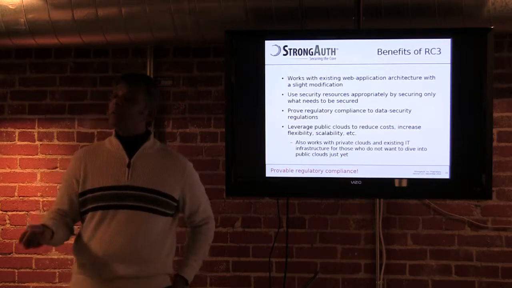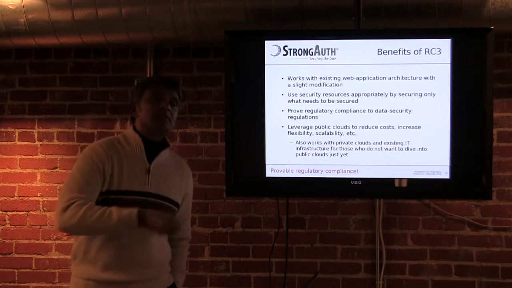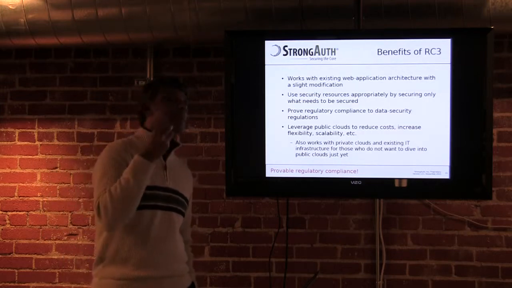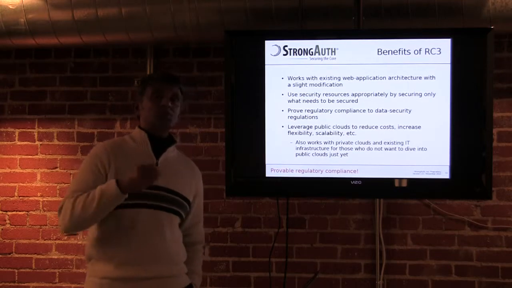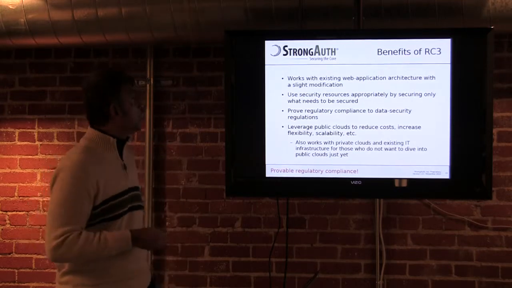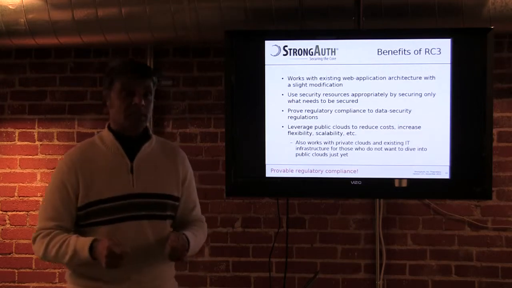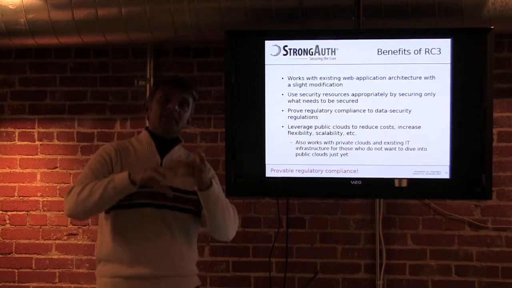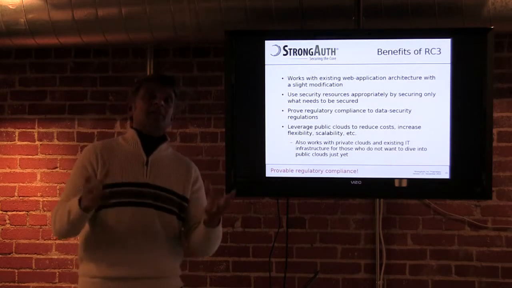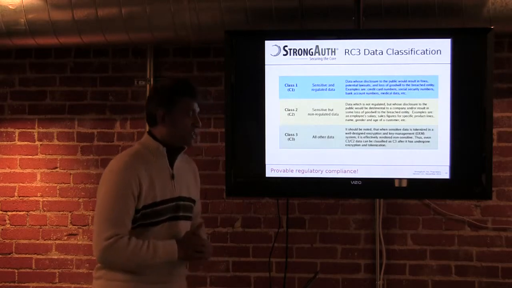You only secure what's important. Things that are irrelevant don't need the same industrial strength security that things like credit card numbers or social security numbers need. The best part, you can prove to an auditor that you are in full control of the sensitive data and the cryptographic key management that protects that data. And of course, all of the benefits for leveraging the cloud.